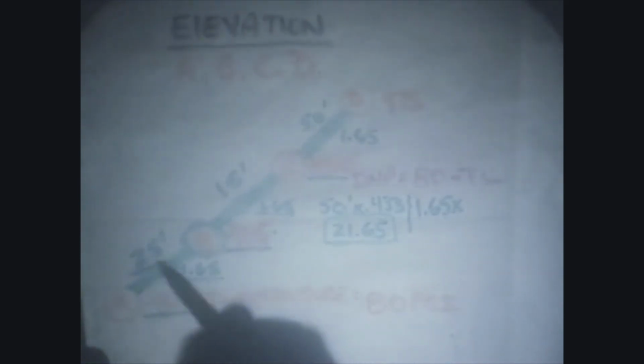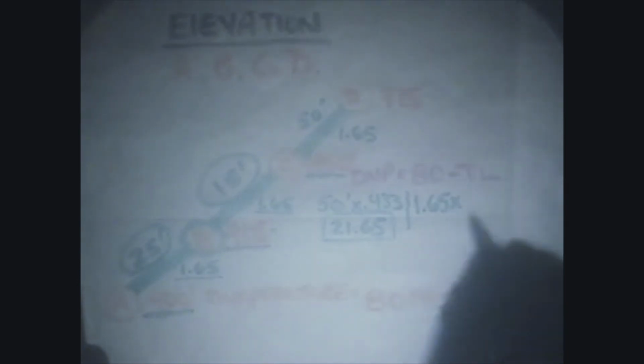So from point A to point C, we have 25 feet of pipe from A to B, 15 feet of pipe from B to C. So our total pipe is 40 feet. So we'll take our 1.65 times 0.40, and again the 0.40 is a percentage of our 100 foot loss. So our 1.65 times 0.40 gives us a 0.66.